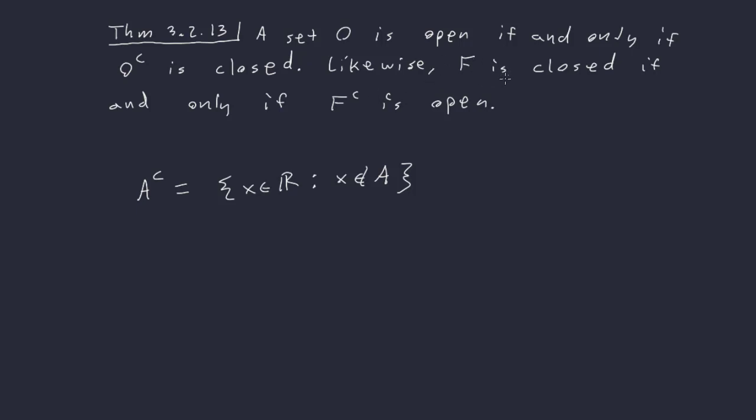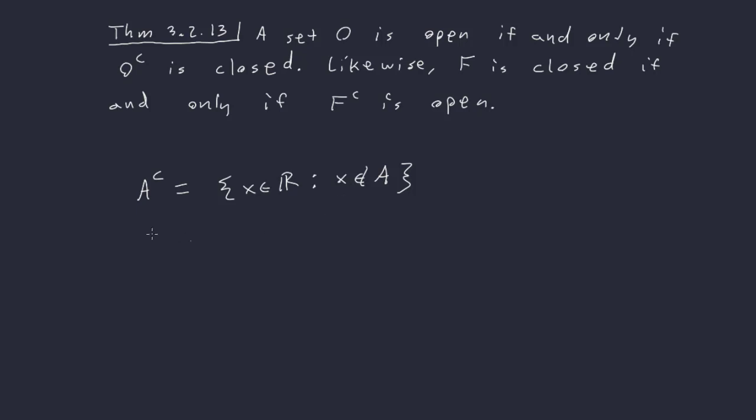Likewise, F is closed if and only if F complement is open. It's not that if you're not open, you must be closed. It's that you're only open if your complement is closed, and you're only closed if your complement is open.